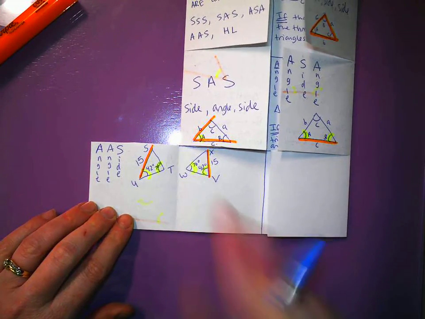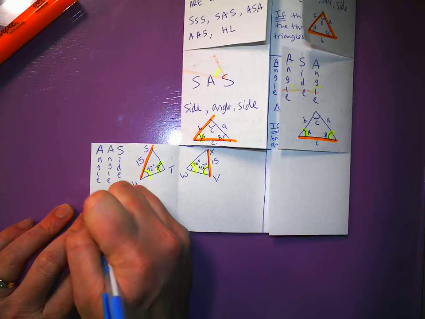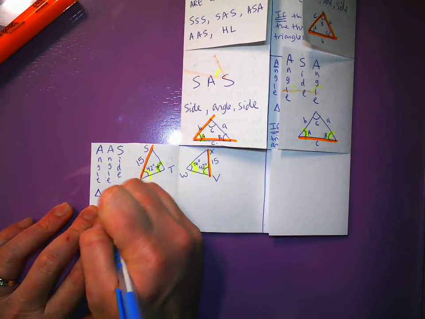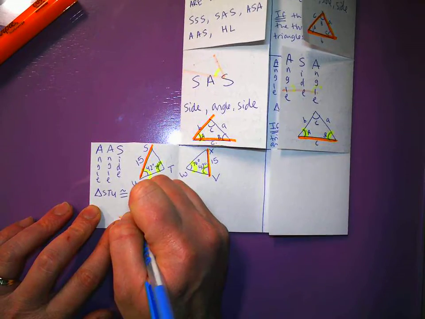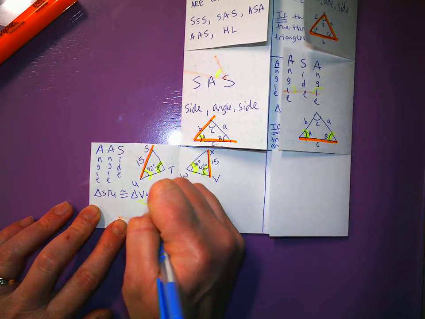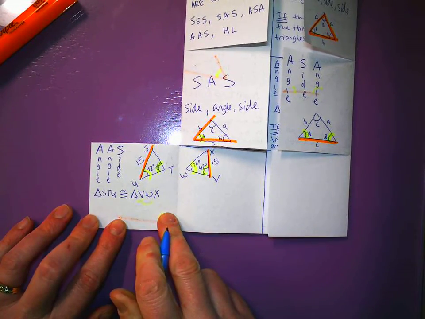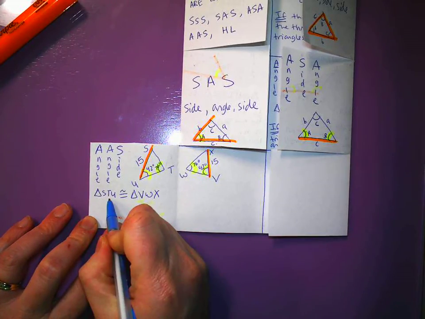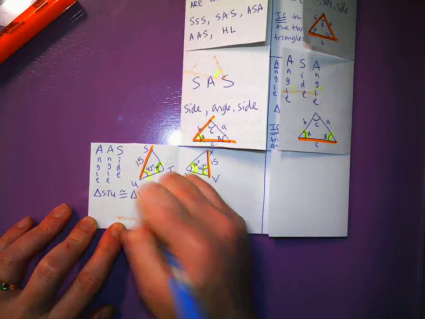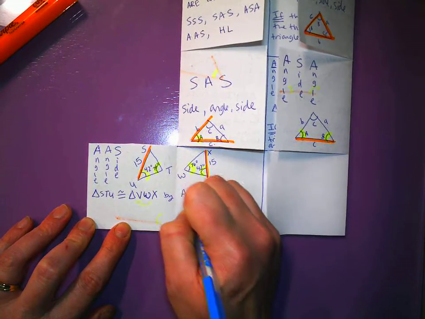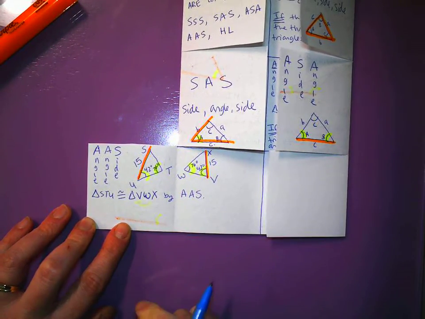And so if I have this, then my geometry statement would be triangle STU is congruent to triangle VWX by angle, side.